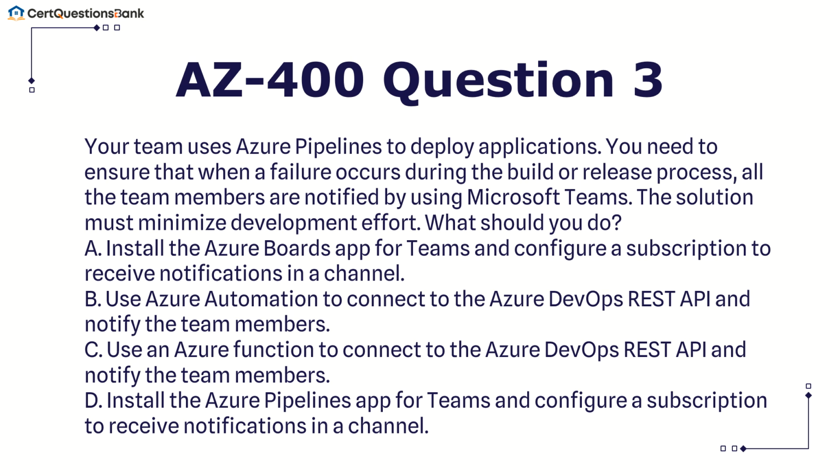B. Use Azure Automation to connect to the Azure DevOps REST API and notify the team members. C. Use an Azure function to connect to the Azure DevOps REST API and notify the team members. D. Install the Azure Pipelines app for Teams and configure a subscription to receive notifications in a channel.